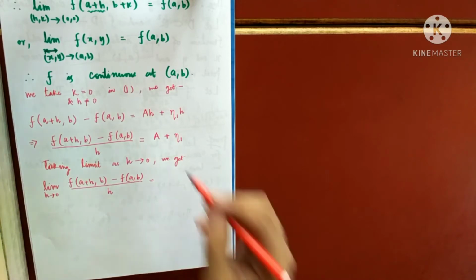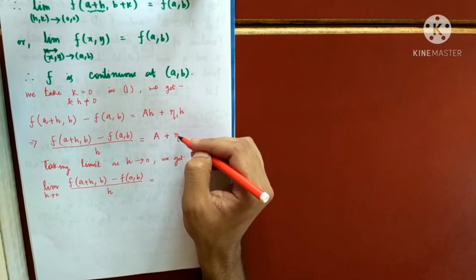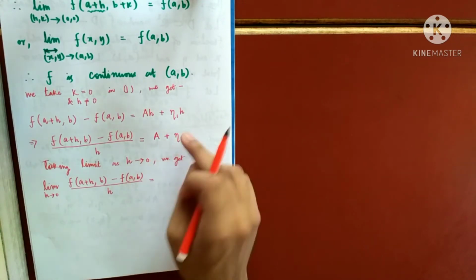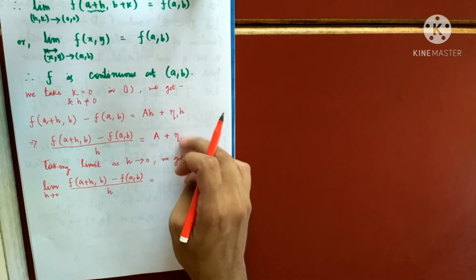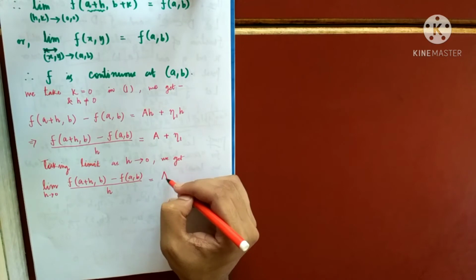Yes, very good. This will go to 0, because k is already 0, and as h tends to 0 and k tends to 0, this eta 1 goes to 0 by definition. So I will simply remain with a, because a is a finite number.